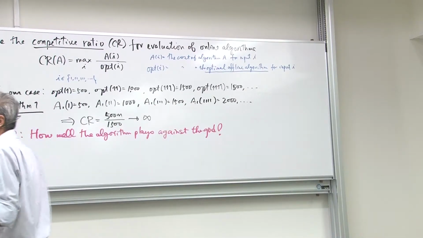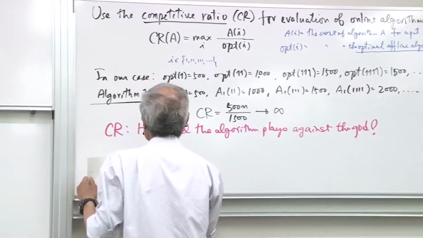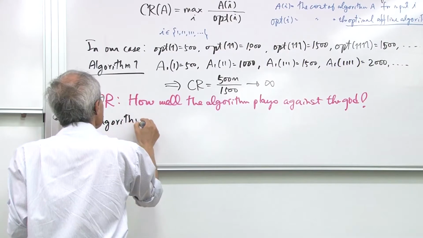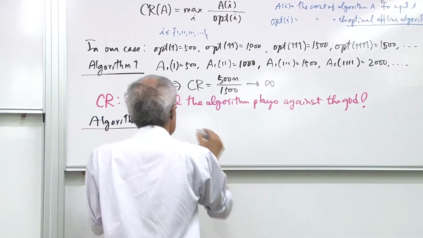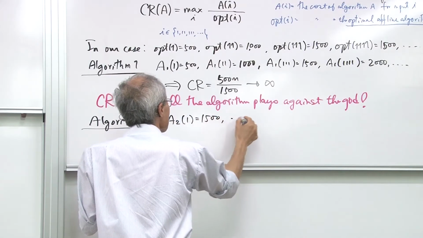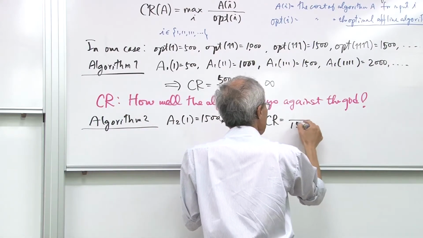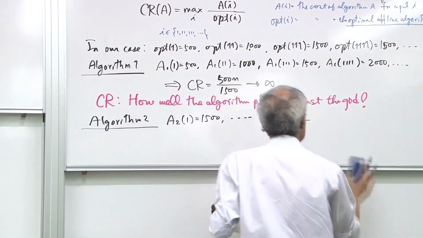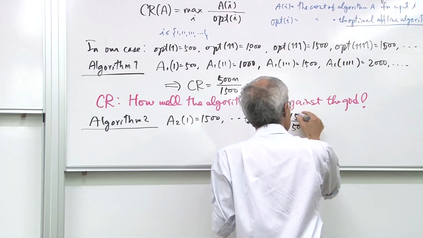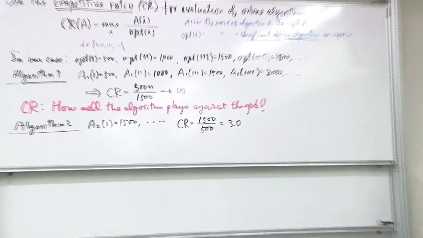Now let's see the second one. What's the competitive ratio of the second algorithm?